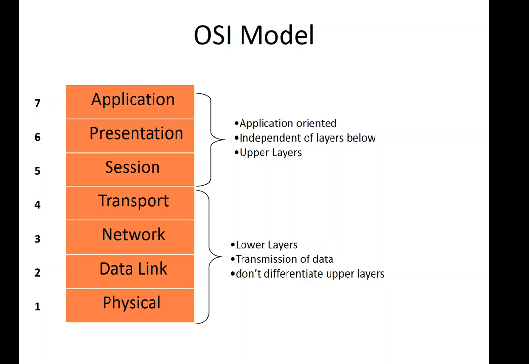The lower layers look into the transmission of data to the upper layers. You can say that the data starts to flow from low to up, and the upper layers are application oriented.